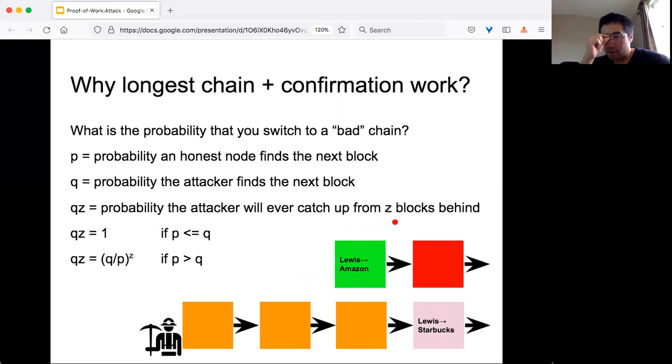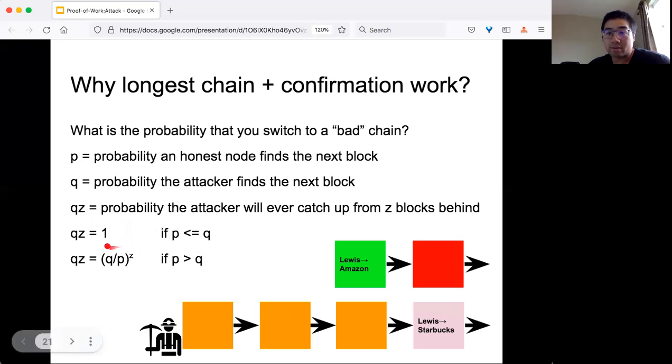If you follow the analysis in the Bitcoin white paper, if P is less than Q, meaning the attacker is more powerful, then the probability is 1, because with overwhelming probability the top chain will grow much faster.